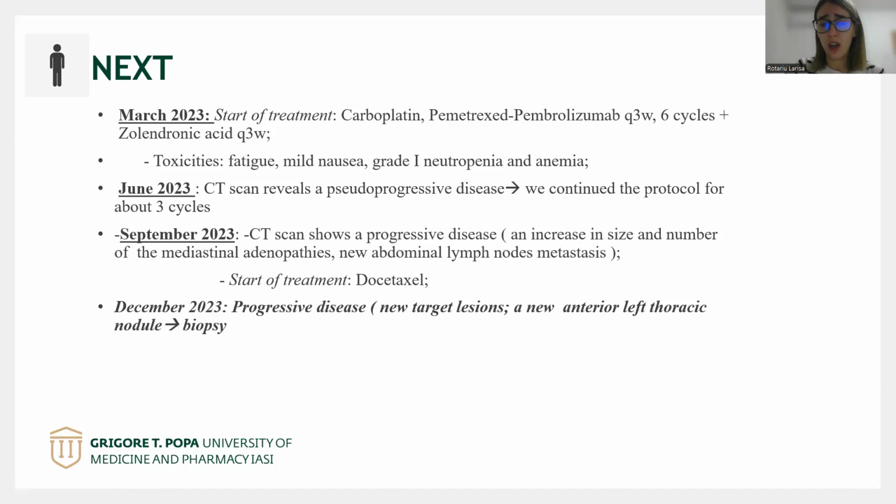And in June, after the fourth cycle, we had a pseudo progressive disease. We decided to continue the protocol, but after 3 more cycles of pembrolizumab and pemetrexed, we had a clearly progressive disease. And we started the second line with docetaxel, but in December 2023, we had again a progressive disease with new target lesions and a new anterior left thoracic nodule from which we took a biopsy.